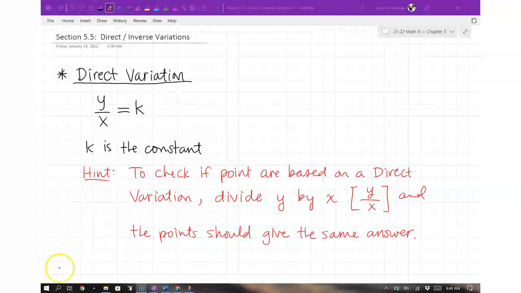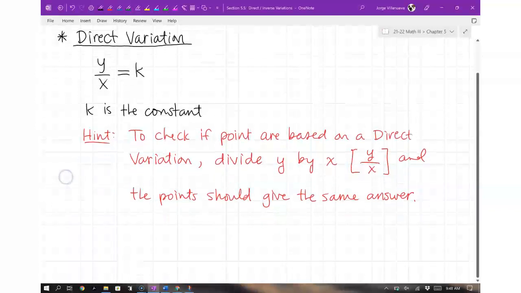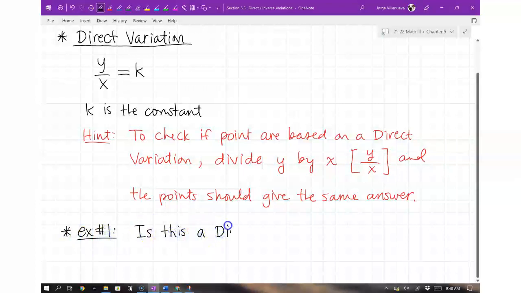So let me give you guys an example of what this is going to look like. Here's a quick example as to how you can tell if something is a direct variation. So is this a direct variation?